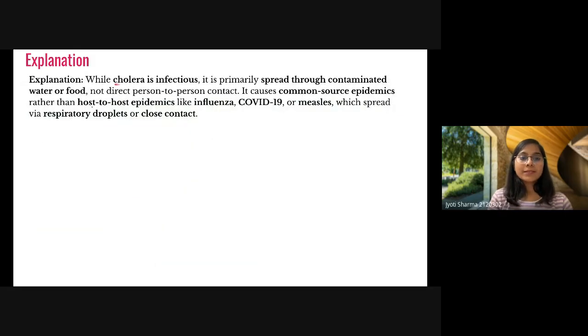So, cholera is infectious, but it is primarily spread through contaminated food or water, not direct person-to-person contact. It causes a common source epidemic rather than a host-to-host epidemic like influenza, COVID, and measles, which spread via respiratory droplets or close contact.